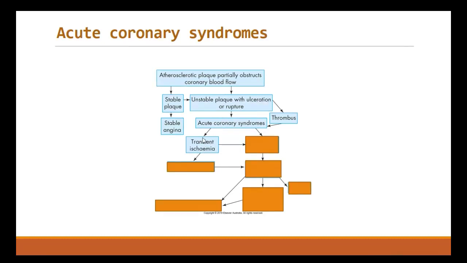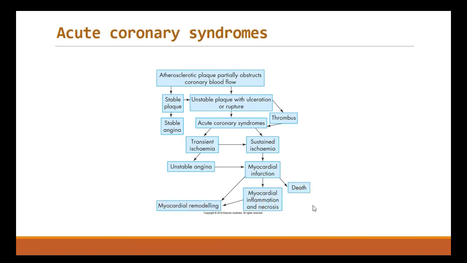Again, there would be transient ischemia. So this is unstable angina. But if this ischemia is sustained, it can transform into myocardial infarction. As a result of myocardial infarction, the immediate effect is myocardial inflammation and necrosis.